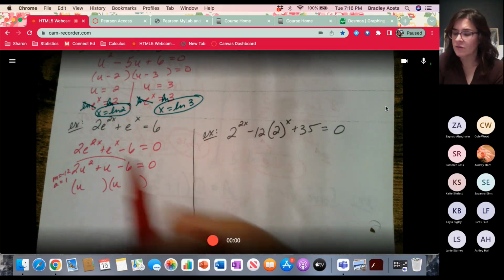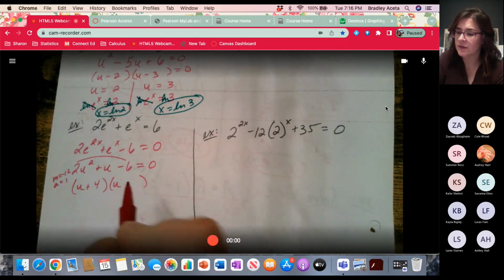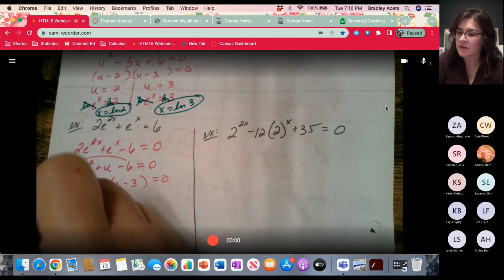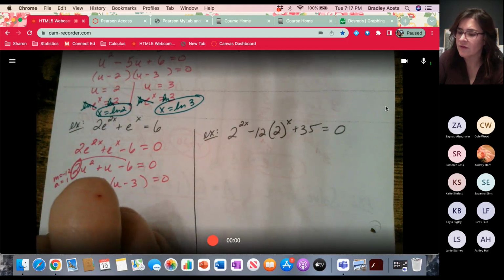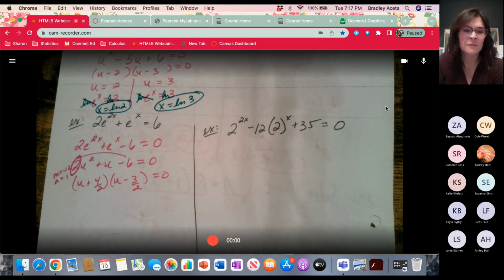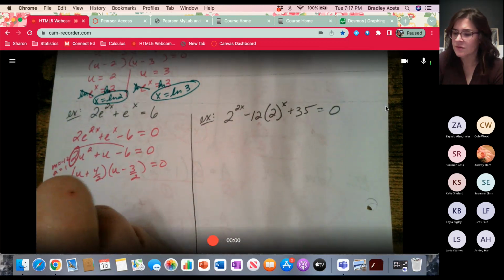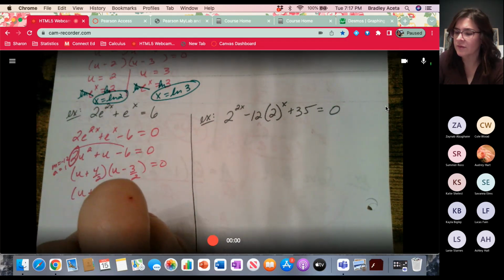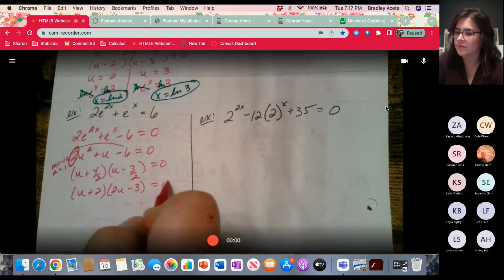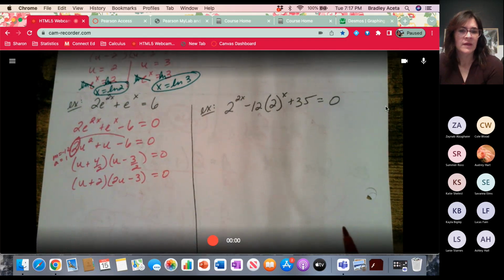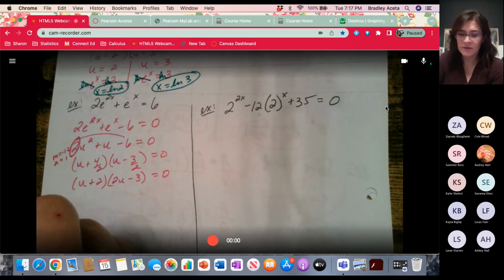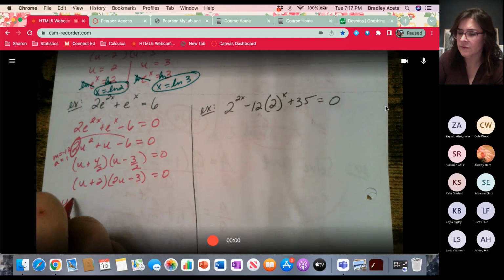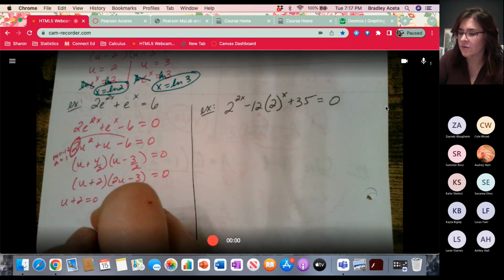That would be 4 and negative 3. But because there's a 2 in front, I've got to divide by 2. So this reduces to u plus 2, but this one can't reduce, so I bottom it up: 2u minus 3. Then I set each one of these equal to 0. u plus 2 equals 0, that's the zero product property.